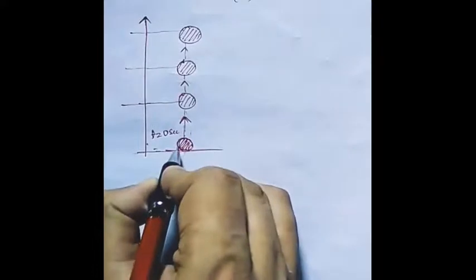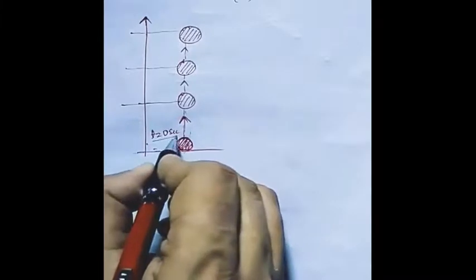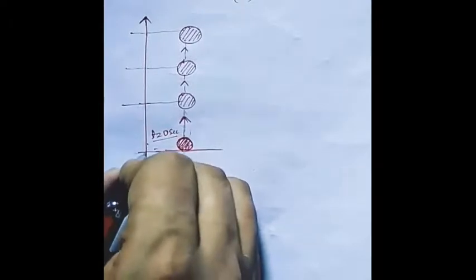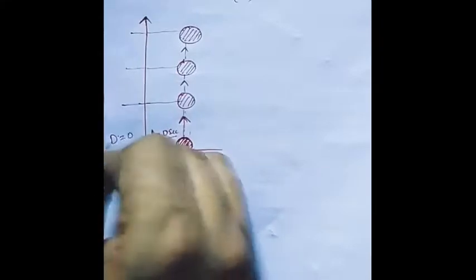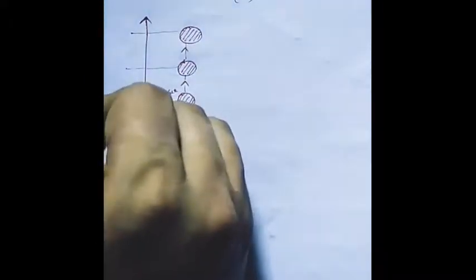So now this is the proper example of the previous graph. This is when the ball is thrown upward. When the time is 0 second, that is t is 0 second, the ball is on the ground, so displacement is 0. And when the time is 2 seconds, the displacement is 20 meters.